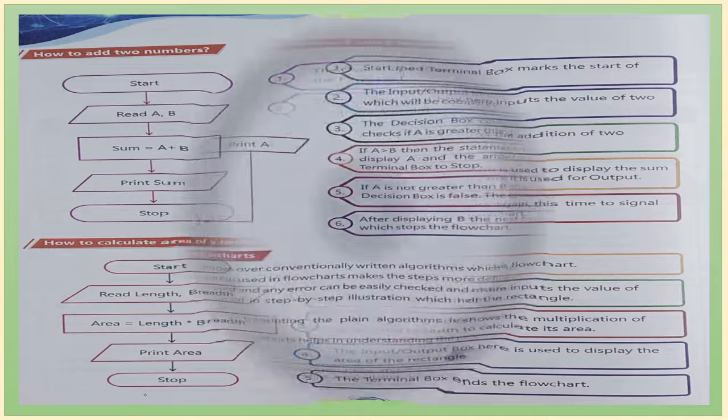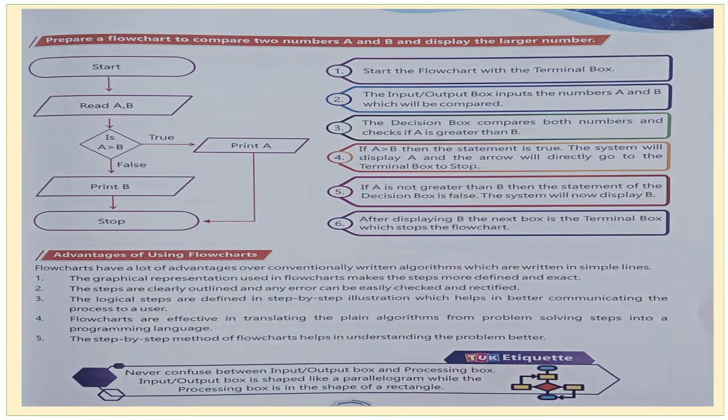Clear? Next, prepare a flowchart to compare two numbers A and B and display the larger one. So first you have to take two numbers because you have to display which number is larger. Again we start with the terminal box. You have to write start here. After that, this flow line shows that the next box is going to be executed.